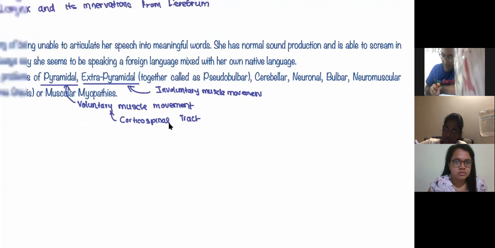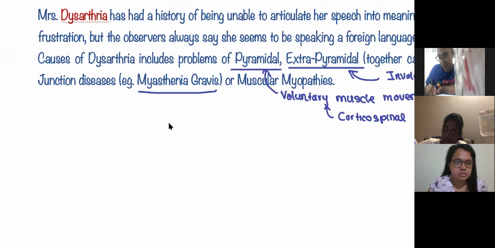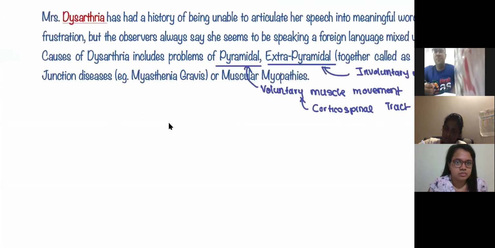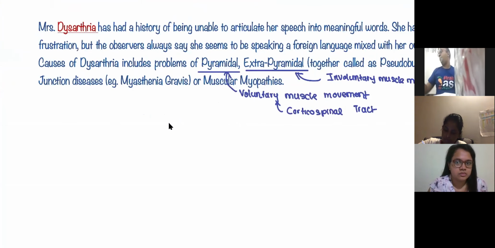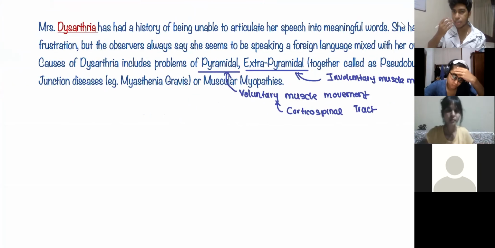Then neuromuscular diseases, which we will talk about in our next topic: myasthenia gravis and Lambert-Eaton syndrome, or muscular diseases. If you have problems in the muscles, like a swollen lip, can you speak properly? Muscular myopathies are simple, a disease of muscles. If you have swollen lips, you can't speak properly.